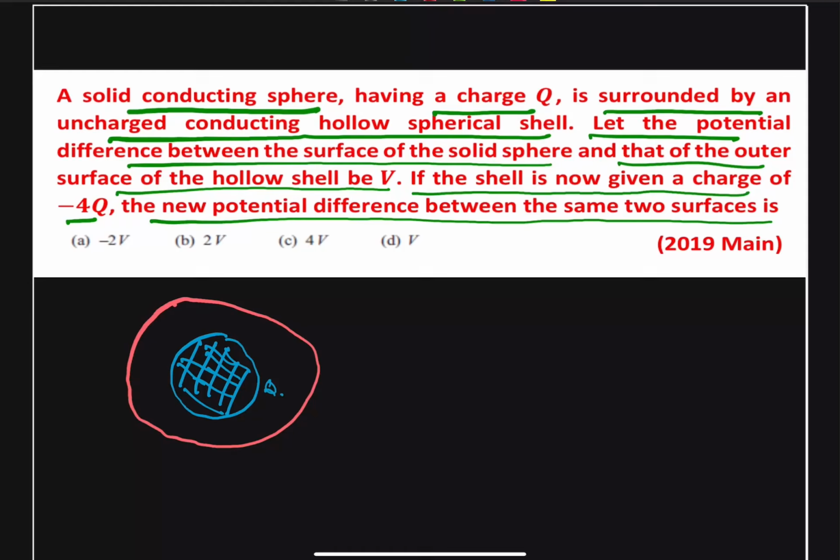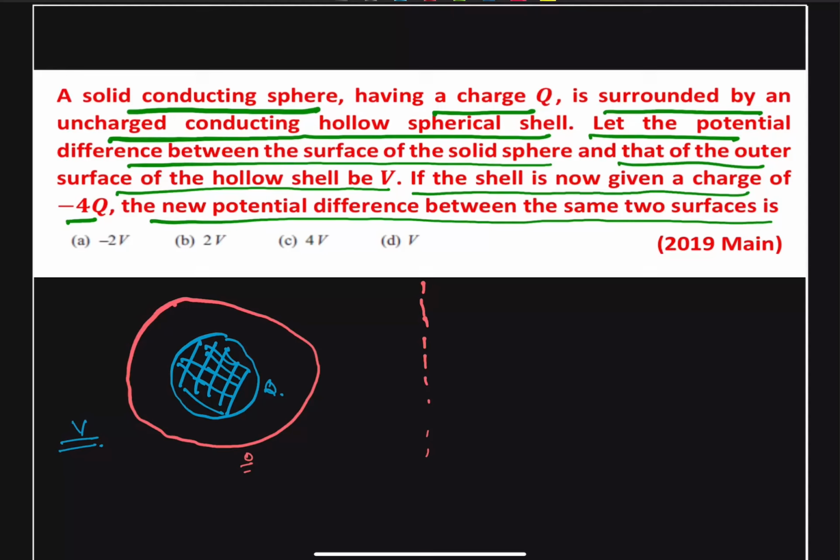So initially there is no charge on the shell itself. And the potential difference between the two is given as V.